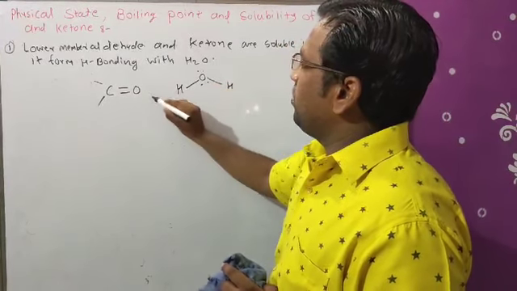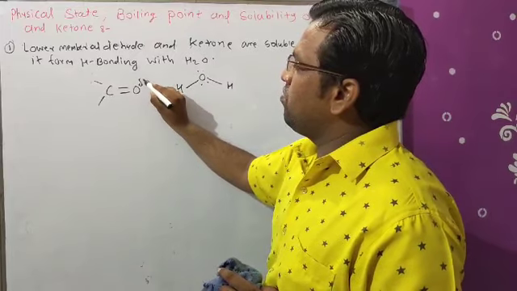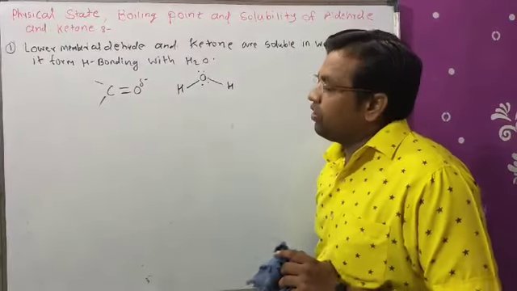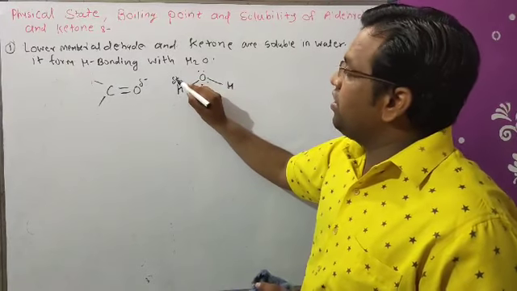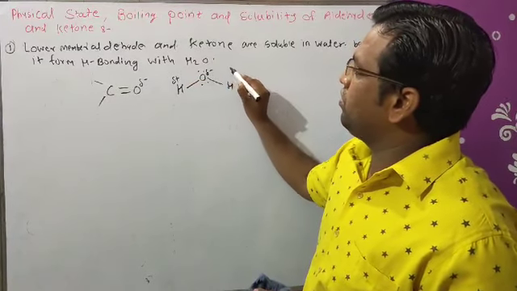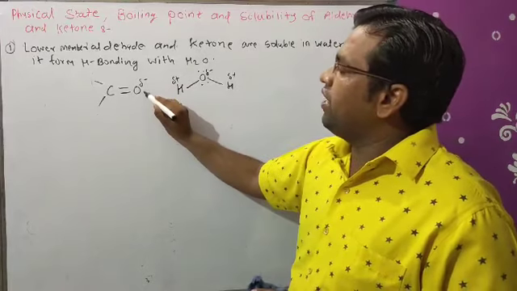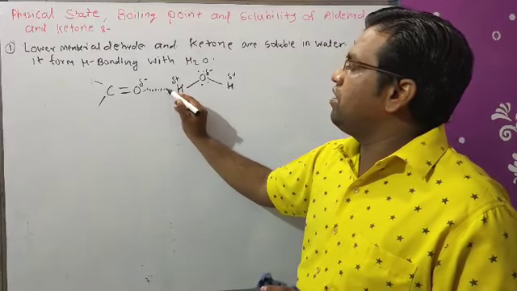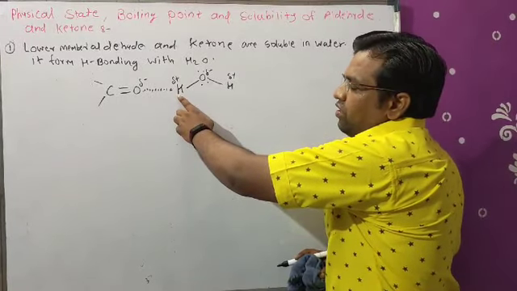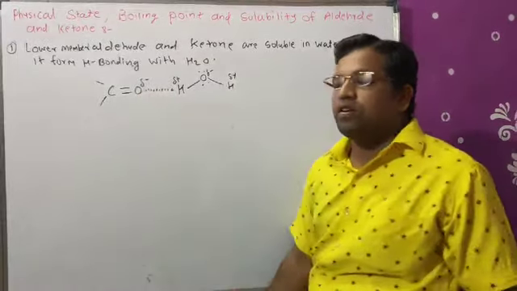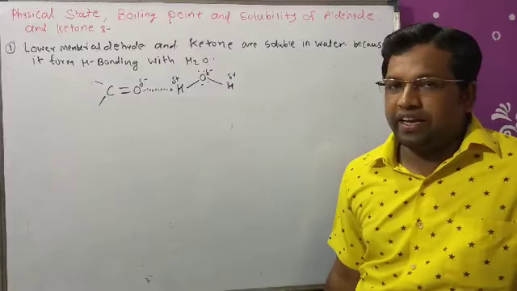Oxygen is an electronegative atom, and hydrogen acts as an electropositive atom. This is negative, this is positive, and hydrogen bonding takes place between the hydrogen atom of water and the oxygen atom of the carbonyl compound, that is aldehyde and ketone.